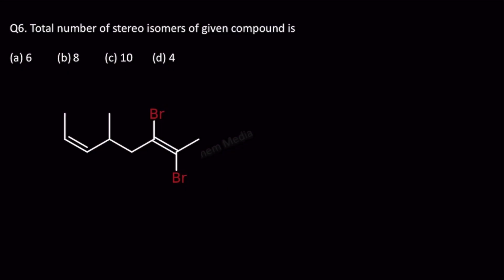What is the total number of stereoisomers of the given compound? Number of stereoisomers depends on the number of stereocenters. Chiral centers are sometimes referred to as stereocenters, and we have to include geometrical isomerism also as a stereocenter. So we have 2 double bonds here. Both of them can exhibit geometrical isomerism.